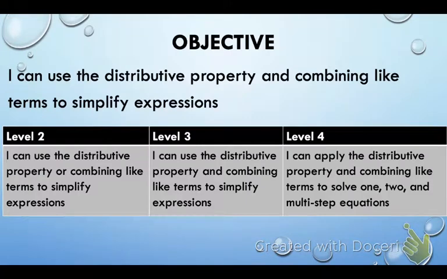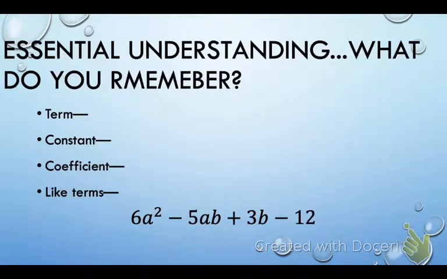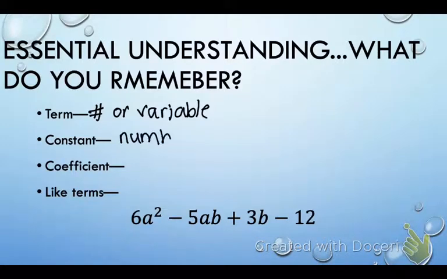Okay, so that was distributive property. Now we have combining like terms. So just a quick review of what these are. A term is a number or variable. Okay. Constant is just a number. So for example, this is a constant.